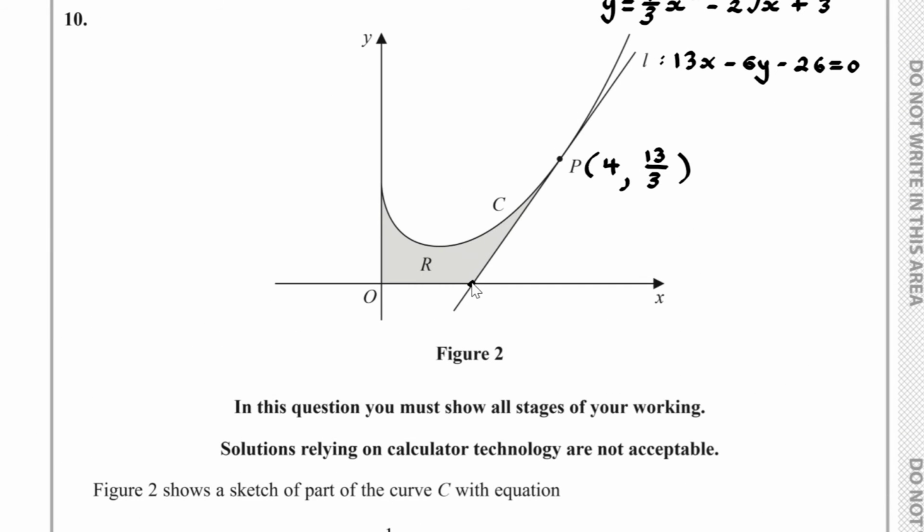So that means the point over here has coordinates 2, 0. What we can now do is find the area under the curve between 0 and 4, and from that we can find the area of the triangle over here.